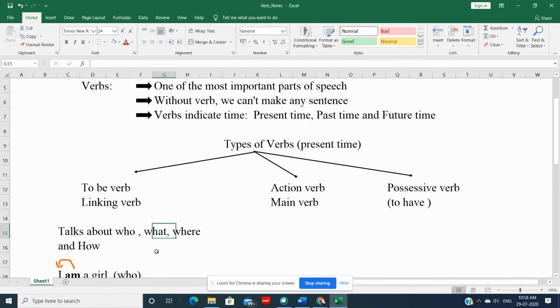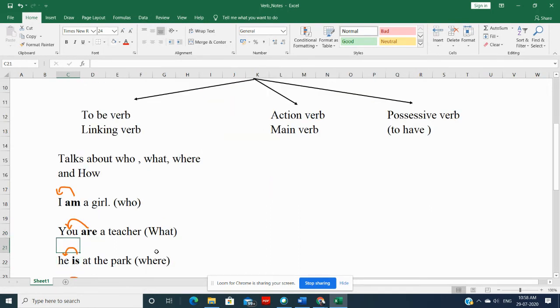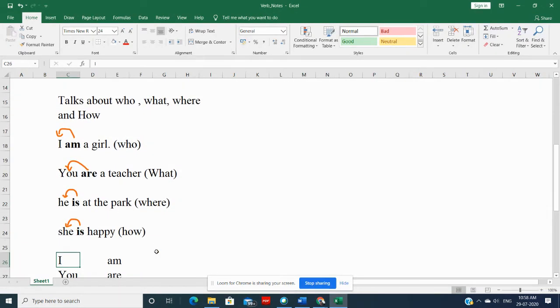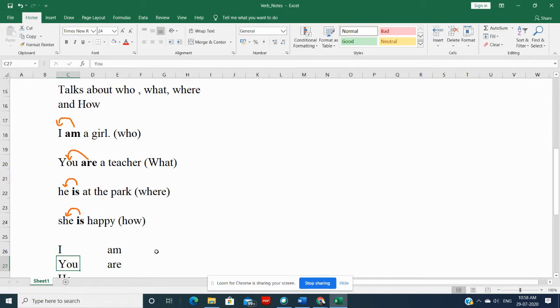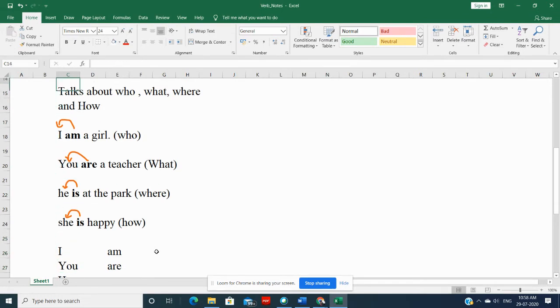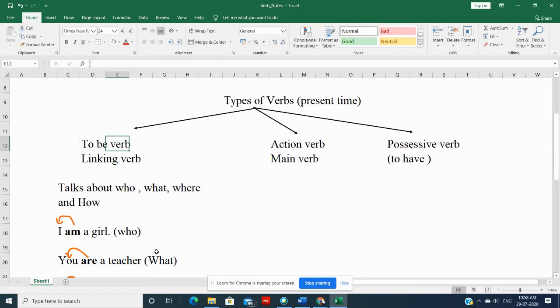Now, see, to be verb means linking verb. It talks about who, what, where, and how. We have just seen how they are talking about who, what, where, and how. They are talking about the state of being, right? Now, let's talk about action verbs. See, action verbs are also called main verbs, all right?